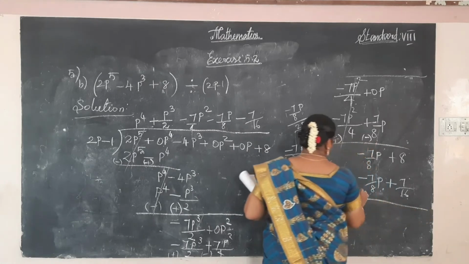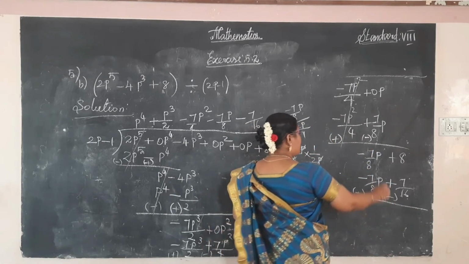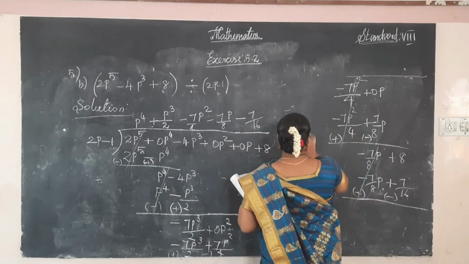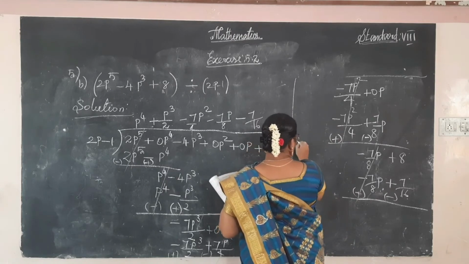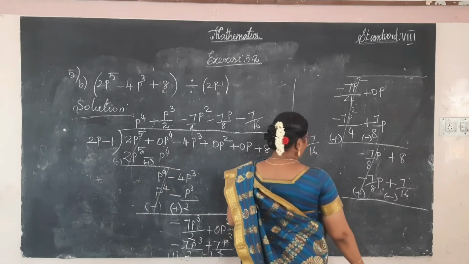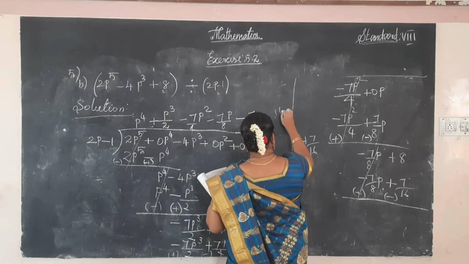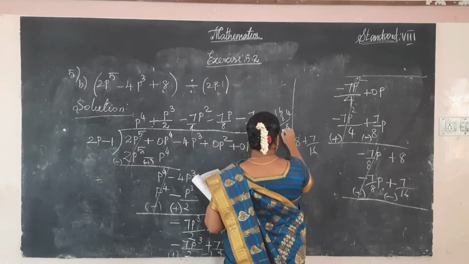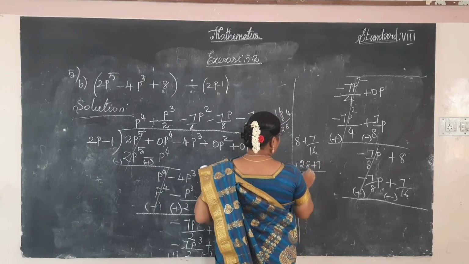Change the sign, the additive inverse. The first term will be cancelled. Simplify. What is the next one? 8 plus 7 by 16. So take the LCM. What is the LCM here? 16. So 16 8s are 128, plus 7 by 16.